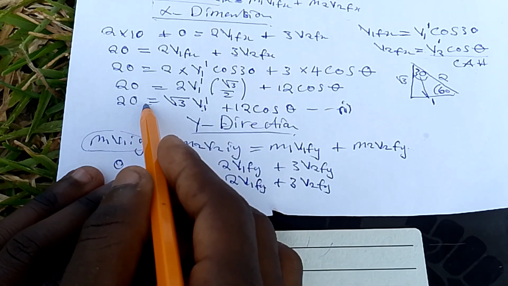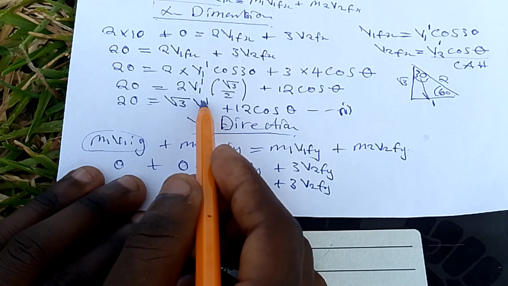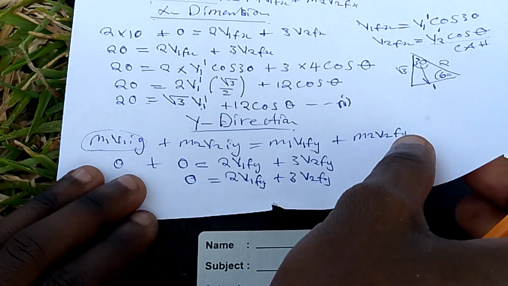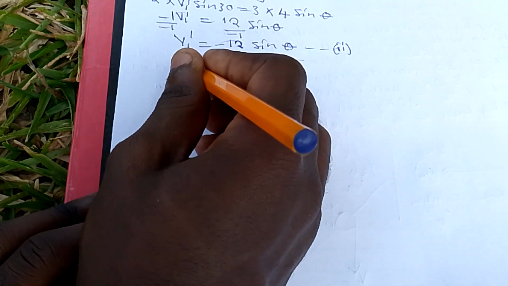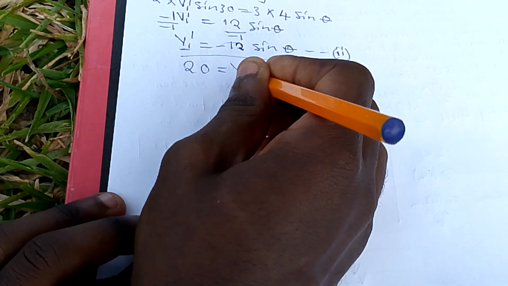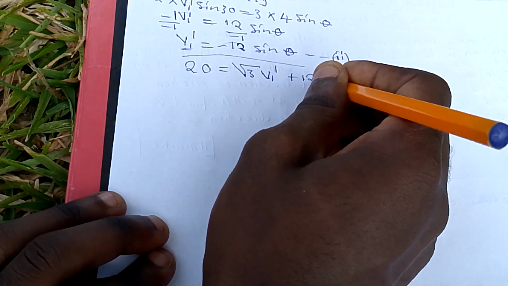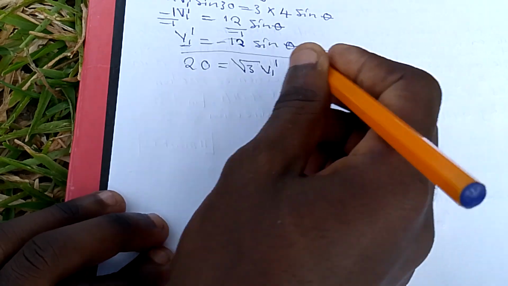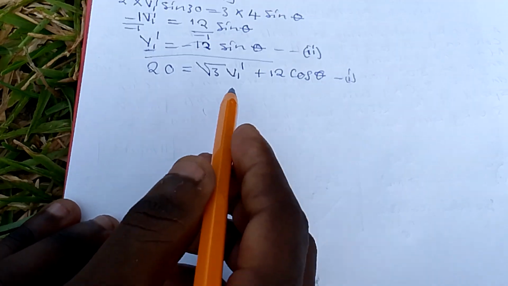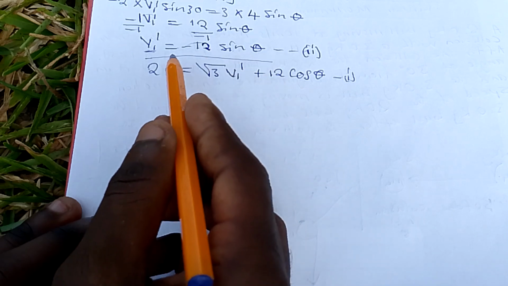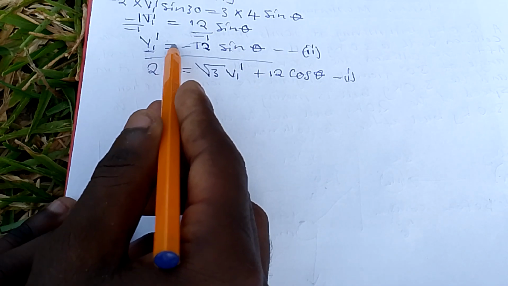So we have 20 equals to square root of 3 V1 prime plus 12 cos theta. This was our first equation. Now, how are we going to solve this equation? We substitute in this equation where there is V1 prime.